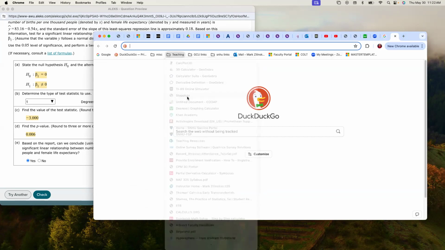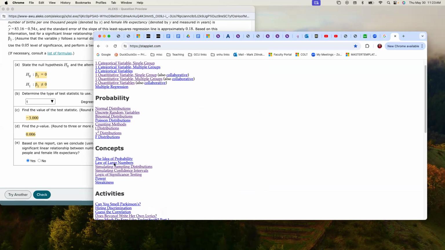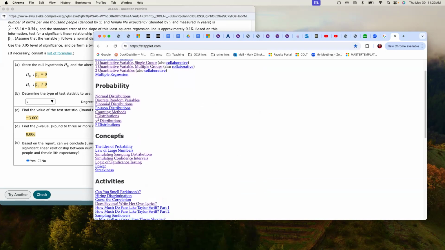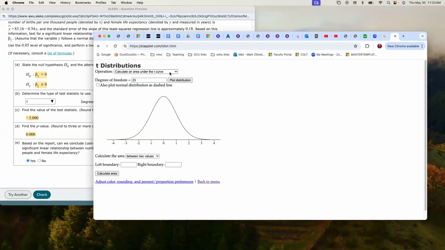If we go down to our probability distributions, in the t distribution I manually enter my 23 for my degrees of freedom, and there's the curve. I am going to calculate an area underneath there, not between two values, but outside the region. My left boundary is going to be -3, my right boundary is going to be +3, and then all I need to do is calculate that.